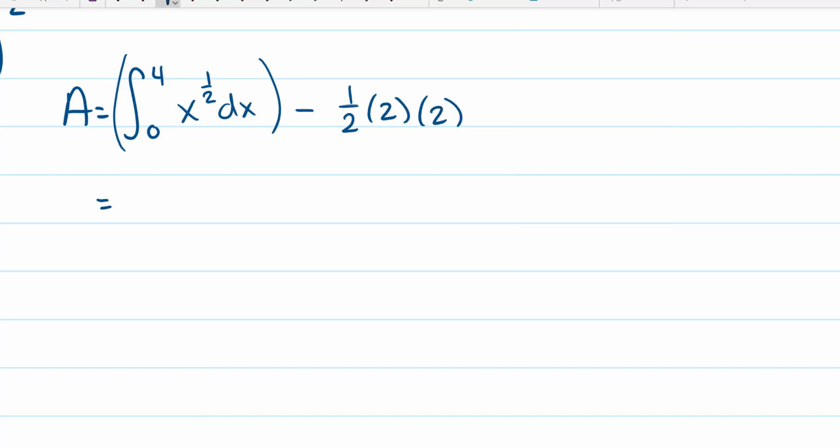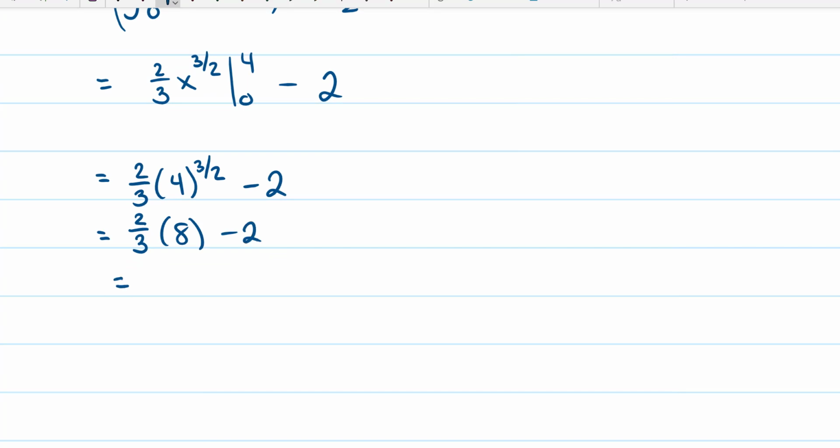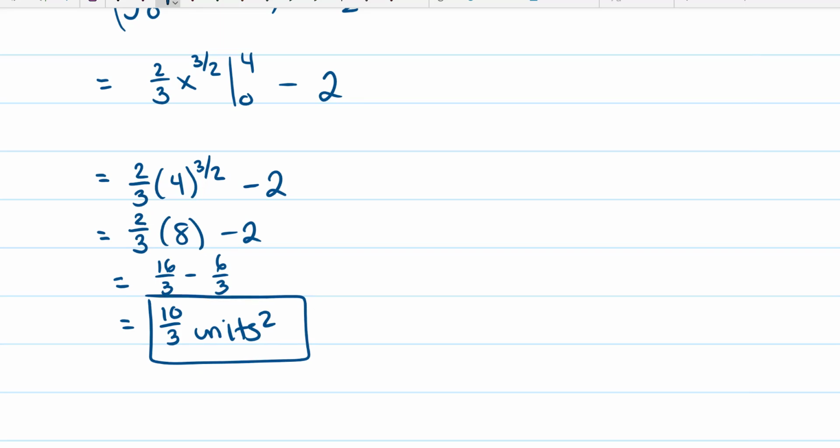So this becomes 2/3 x to the 3/2 from 0 to 4 minus 2, which is going to give us 10/3 units squared, just like we got previously.